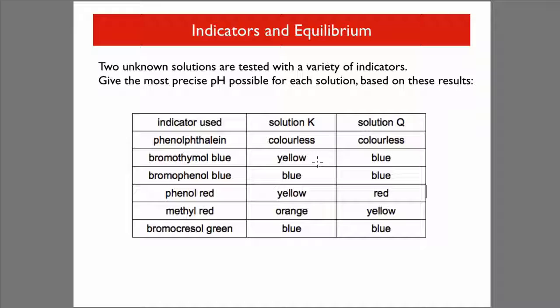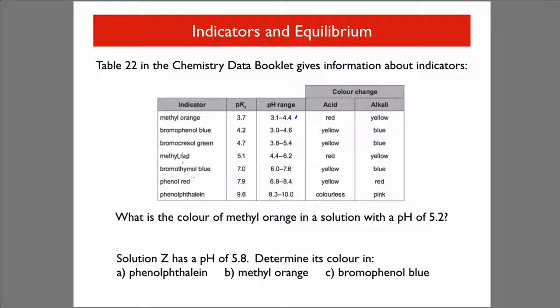However, orange for methyl red isn't. You can see methyl red is red or yellow. But we do know that a mixture of red and yellow gives us orange. And so a shortcut here is that it must be almost in the middle of 4.4 and 6.2, which is of course about 5.1. So the pH would be roughly 5.1.